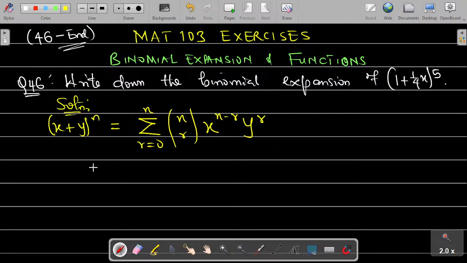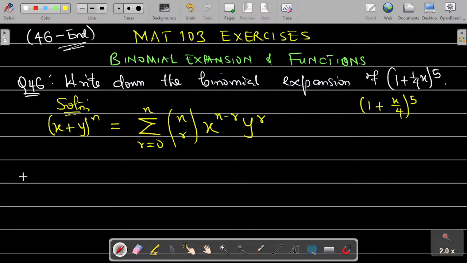So that means this particular given term we can write as 1 plus x over 4, raised to the power of 5, so that it will be easier for us.